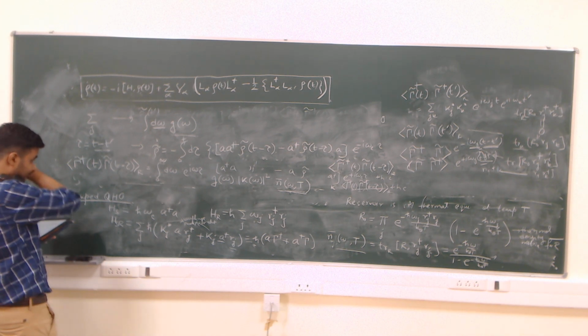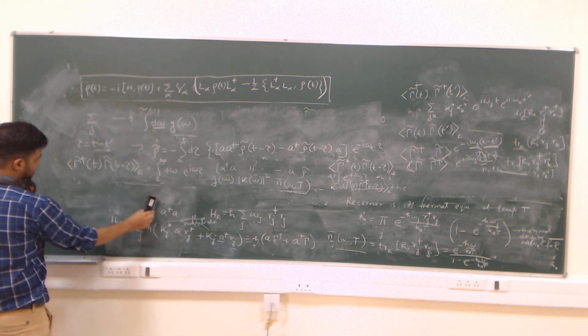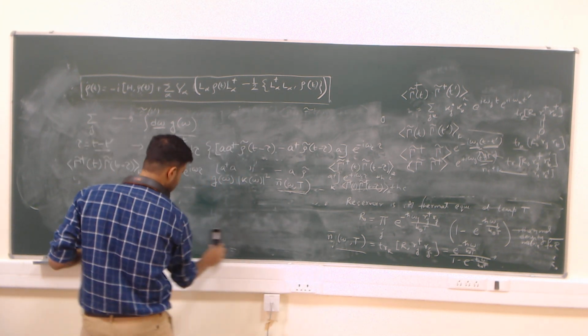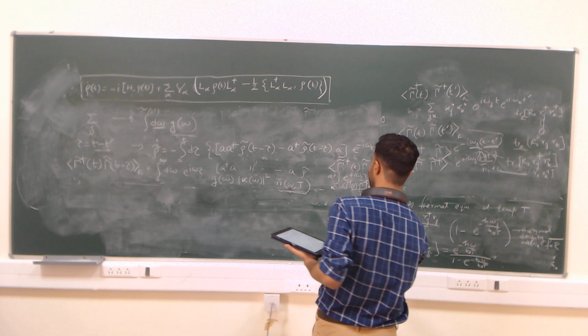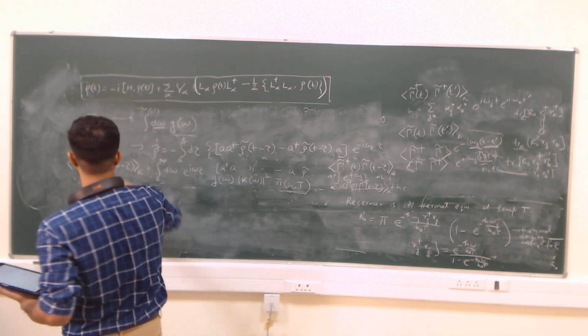So now let's revisit the Markov approximation, where you can really write this kind of thing as delta functions.